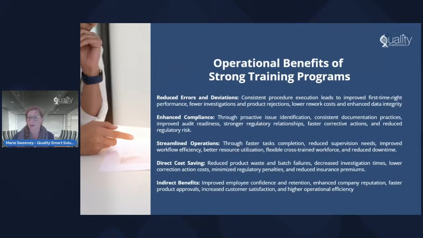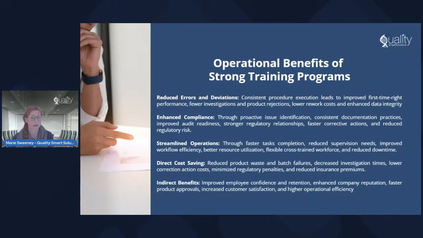Enhanced compliance through proactive issue identification, consistent documentation practices, improved audit readiness, and then streamlined operations through faster task completion, reduced supervision, improved workflow efficiency, better resource utilization, flexible cross-training workforce, and reduced downtime. All of this streamlines your operations and increases margins.